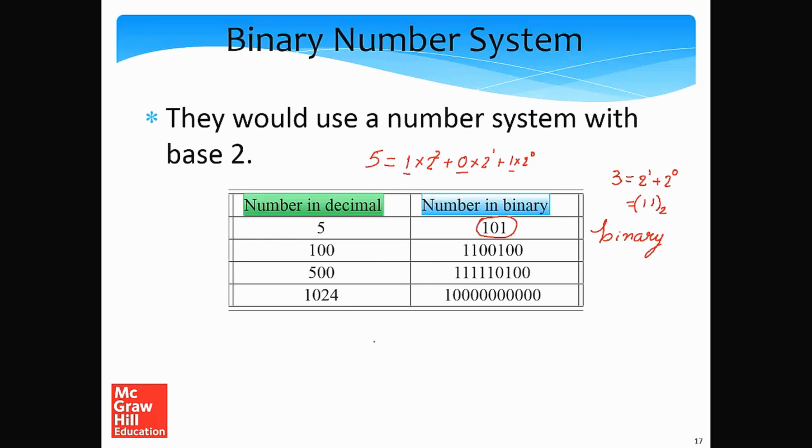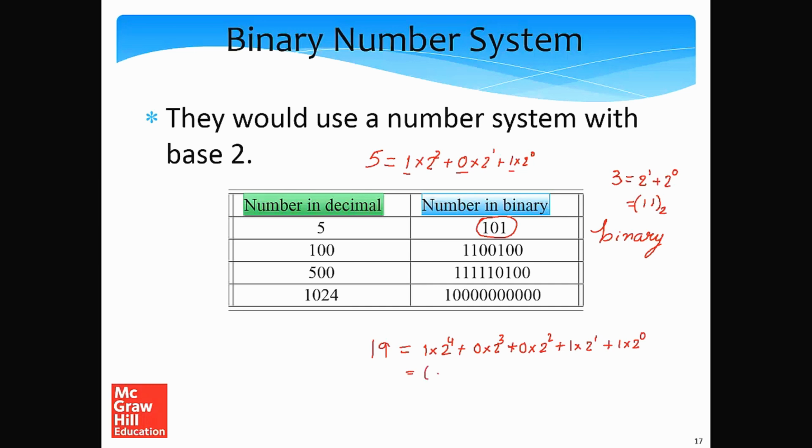Let me give one more example. Let's say number 19. How would you represent that? It's very simple. It's 1 times 2 to the power 4, which is 16, plus 0 times 2 to the power 3, plus 0 times 2 square, plus 1 times 2 to the power 1, plus 1 times 2 to the power 0.